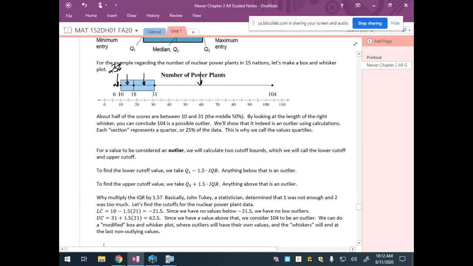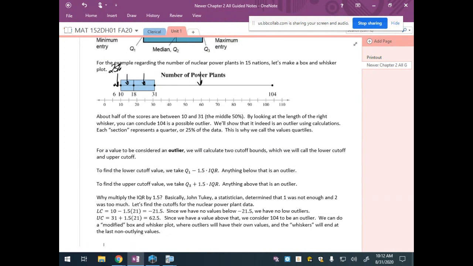Even though they are definitely different sizes, 25% of our data would be between 6 and 10, 25% here, 25% here, and 25% here. That outlier really throws things off, but that's okay. About half of the scores are between 10 and 31. And that's why we call these quartiles, folks.